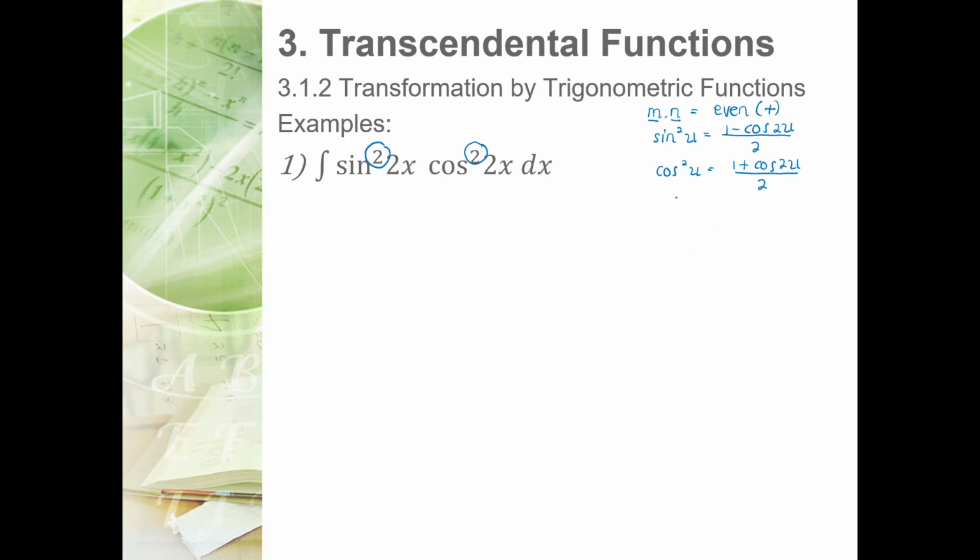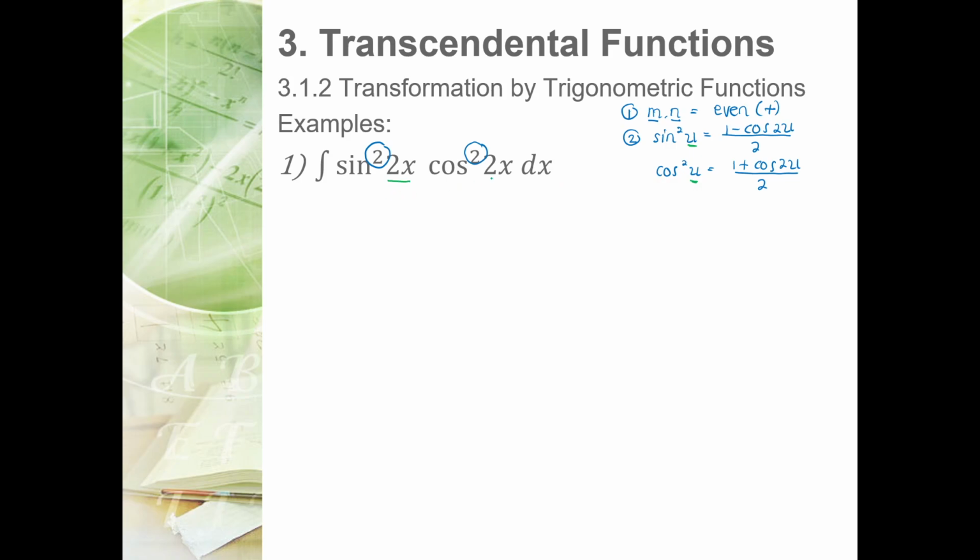Okay, so I think in this case we only have 2 steps, because once you replace this with its corresponding identity, what's left for you to do is to integrate the cosine function since it is already simplified. Before we replace with 1 minus cosine 2u over 2, we need to declare first the angle u.